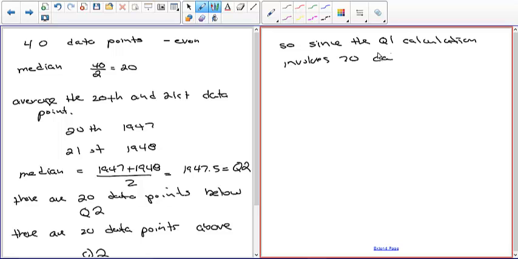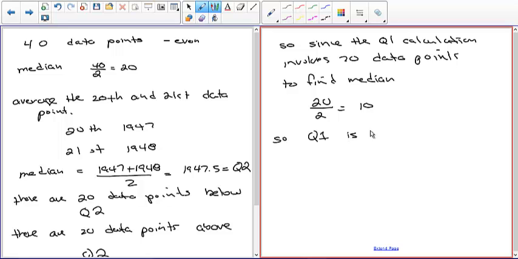points, to find the median, we take 20 divided by 2, which is 10. So Q1 is the average of the 10th and 11th data points.